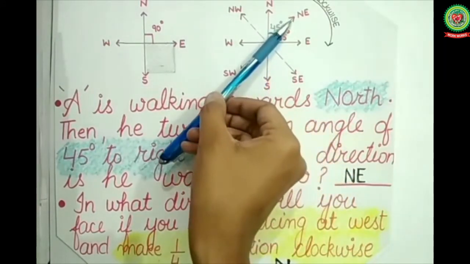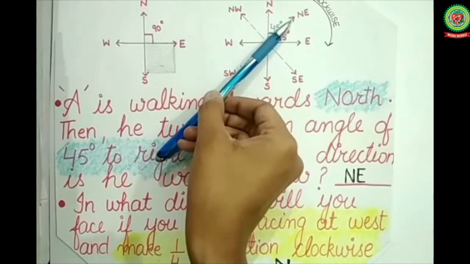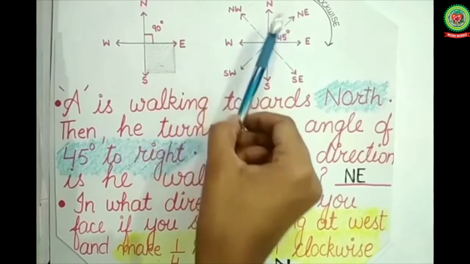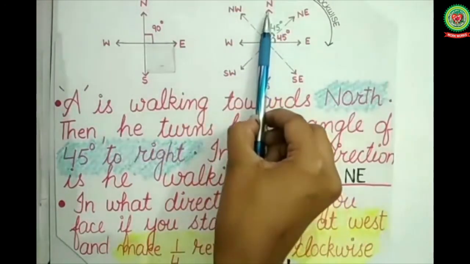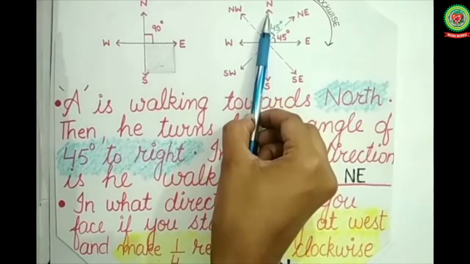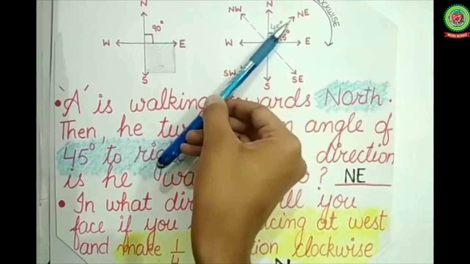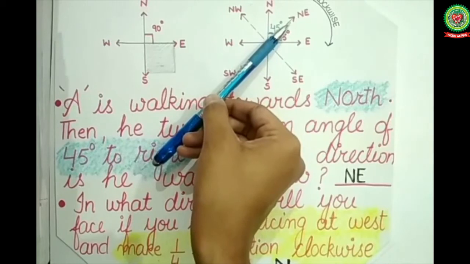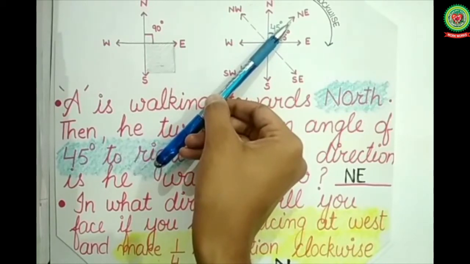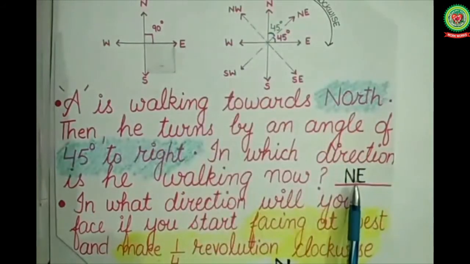So you can see now the direction is northeast. That is, if he is walking initially in the direction of north, then he turns towards right by an angle of 45 degrees. So now he is in the direction of northeast. So northeast is the correct answer.